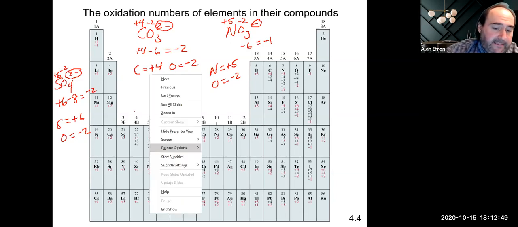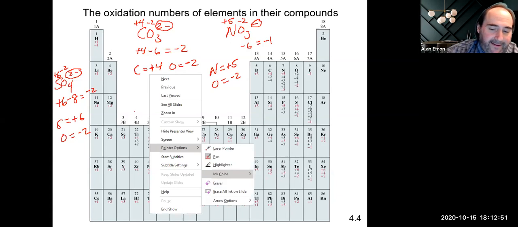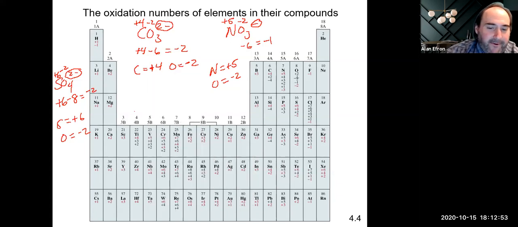Now you may say to yourself, hey, I remember somebody saying nitrogen is -3 and sulfur is -2. And that is normally the common oxidation number. But as you can see from this table here, and I think you have a similar one in your book, elements can have a variety of different oxidation states.